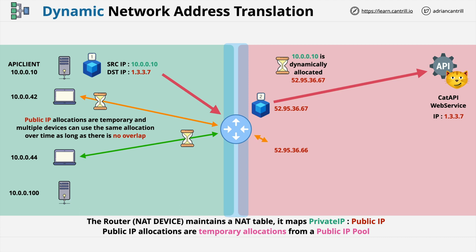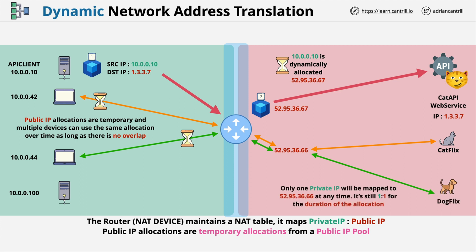In this case, the upper laptop is accessing the CatFlix public service using 52.95.36.66, and then afterwards the lower laptop is using the same public IP address to access the Dogflix application. With dynamic NAT, because this shared public pool of IP addresses is used, it is possible to run out of public IP addresses to allocate.